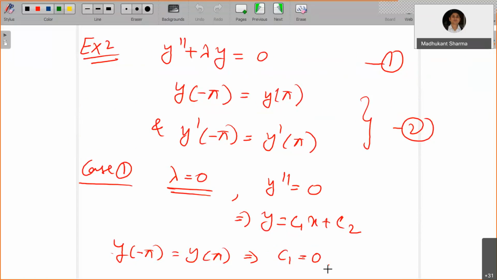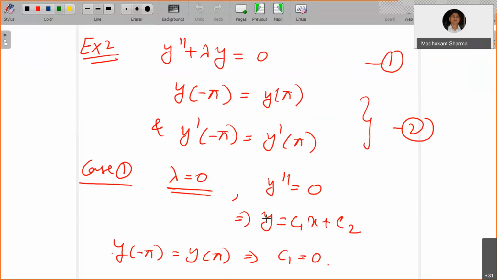That is only possible if c1 equals 0. Now y'(−π) equals y'(π). What is y'? It is c1 only. So y equals c2, and y' of −π is 0 and y' of π is also 0, so the second condition is automatically satisfied.